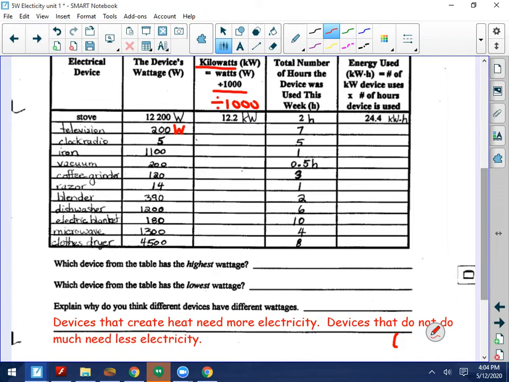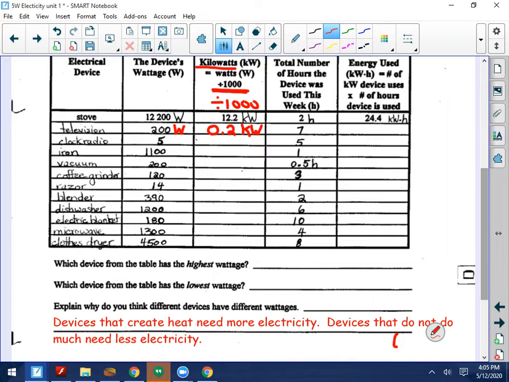So 200 divided by 1,000 gives me how many kilowatts it is, and that is 0.2 kilowatts. So we divide by 1,000 to find out how many watts are in a kilowatt.